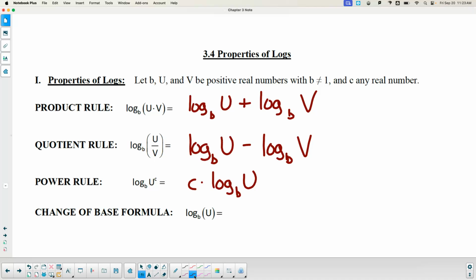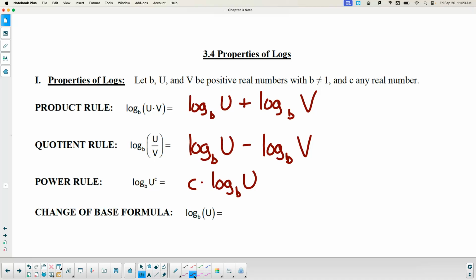Because if we have u times u up there in the product rule, well then that's log base b of u plus log base b of u, so you've got 2 of the same things. If you've got 1 pencil and I give you another pencil, you now have 2 pencils. Okay? So then it becomes 2 times log base b of u, which is the same as u times u is u squared.